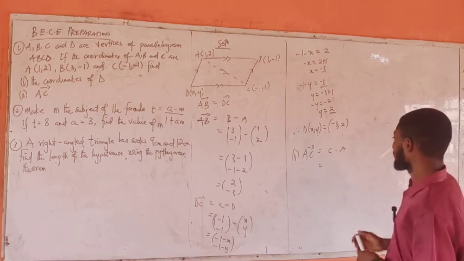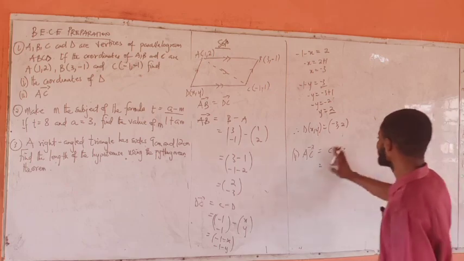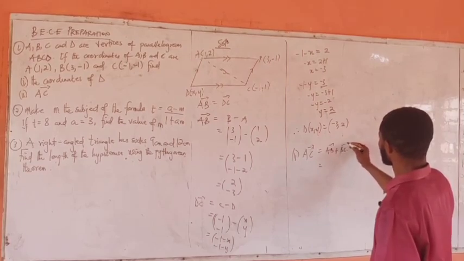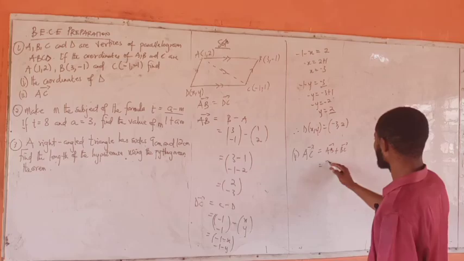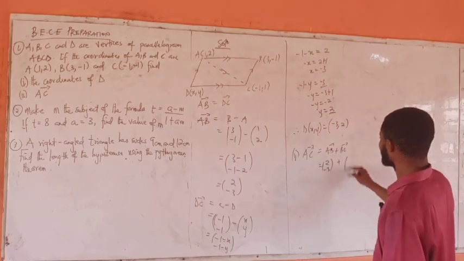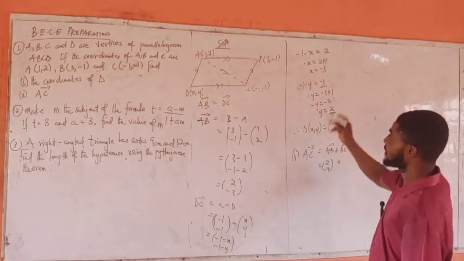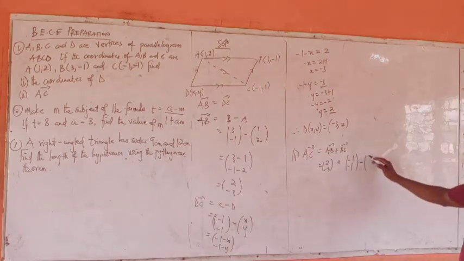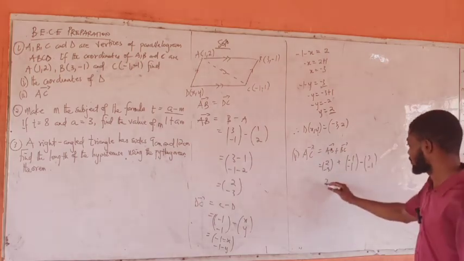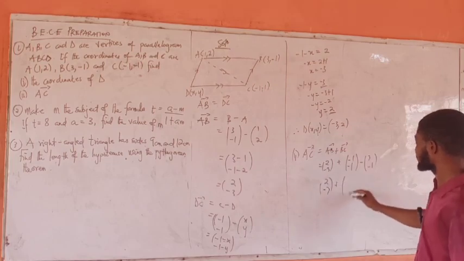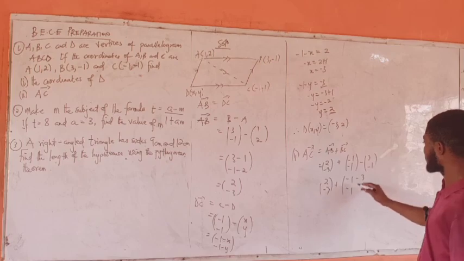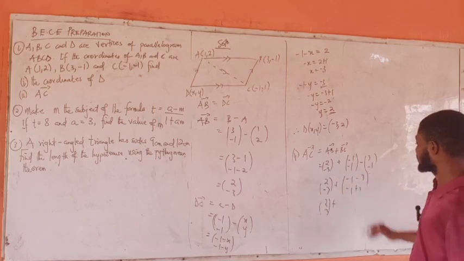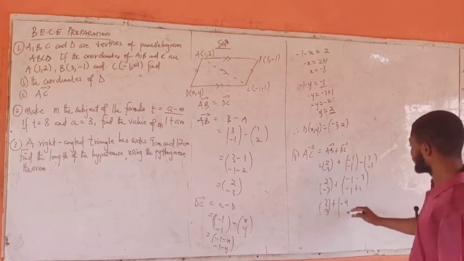If you want to go by AB plus BC, we know AB to be (2, -3), so we just find BC. BC is C minus B, which is (-1, -1) minus (3, -1), giving (-4, 0).